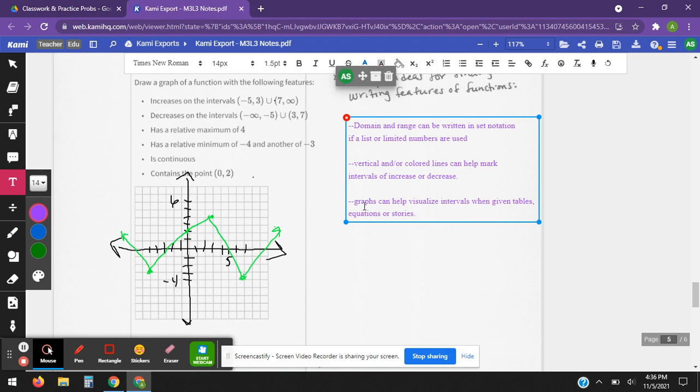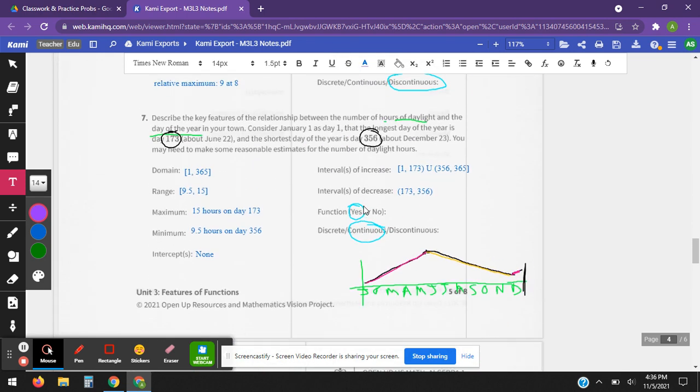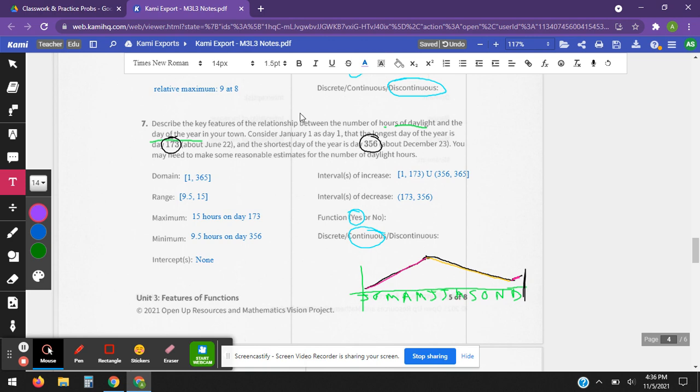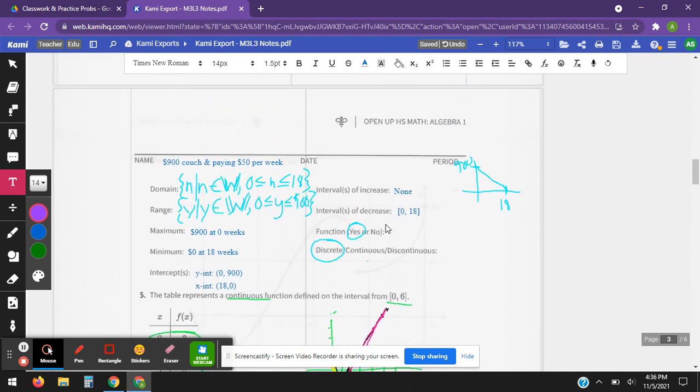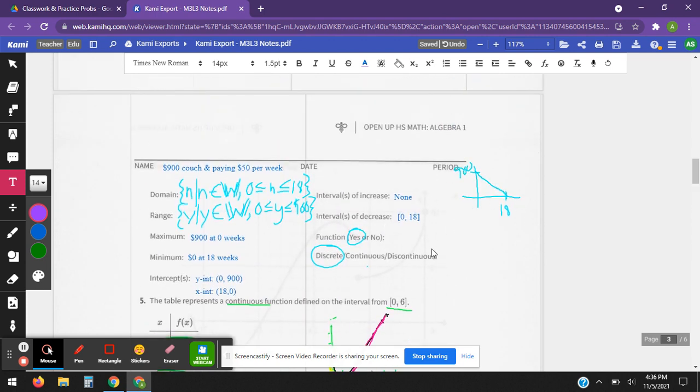So a lot of those, even though we didn't have, I'm just going to back up a little here. Notice we didn't have a graph, we were given a situation, but we still drew one to help us out. Same thing on this, it just gives us a visual to help us out.